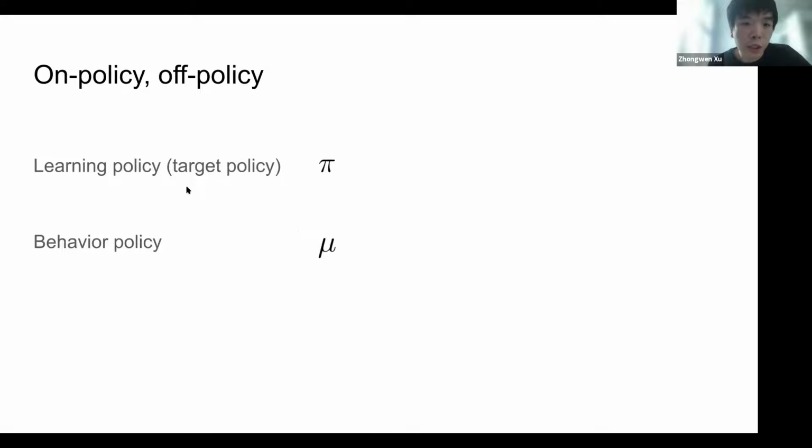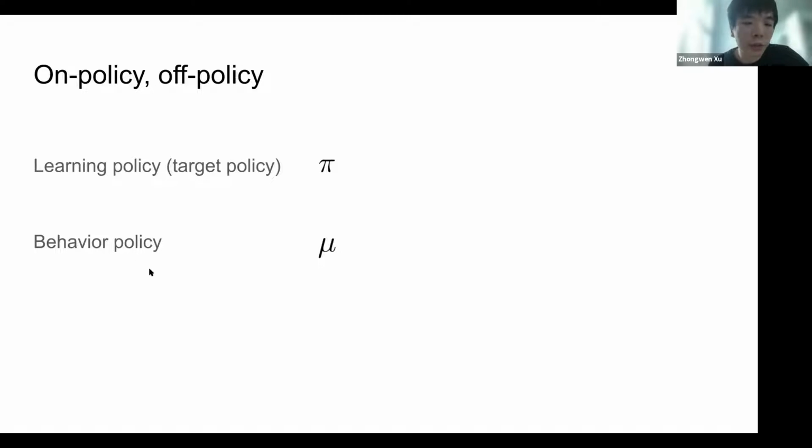So there are two policies. If there are two policies, we can denote them in this form. The first one is the learning policy, which is also called the target policy. We denote it as pi. And the other one is the behavior policy, which we denote as mu.